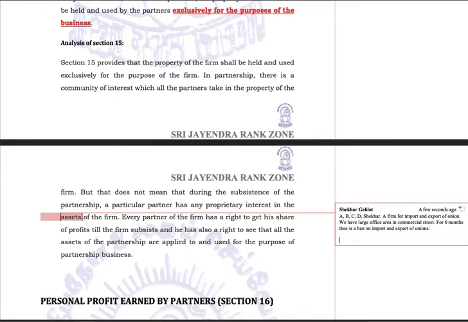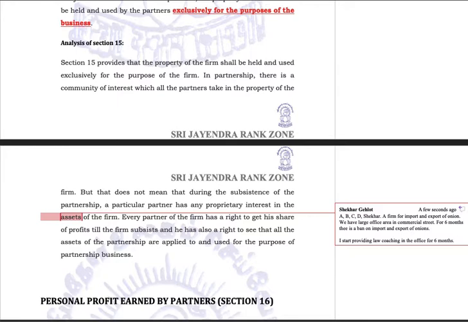And Shekhar, I am a lawyer. So I start providing law coaching in the office of the firm for 6 months. Because the firm is ultimately doing no business, the office is vacant. So I start teaching students.